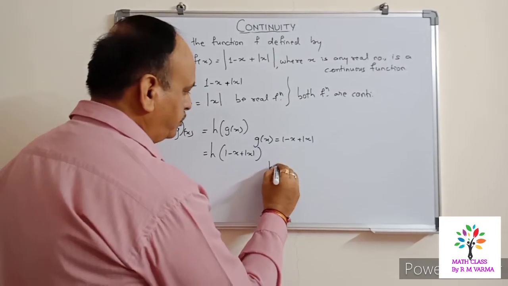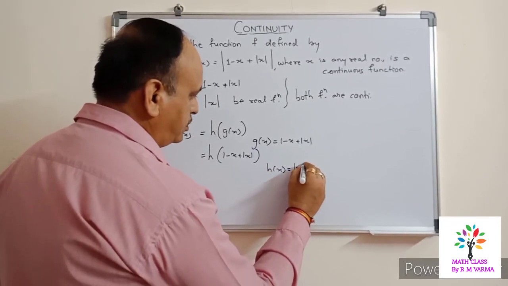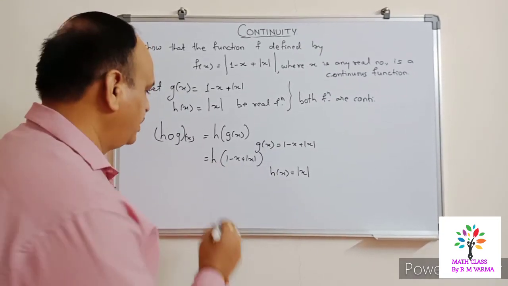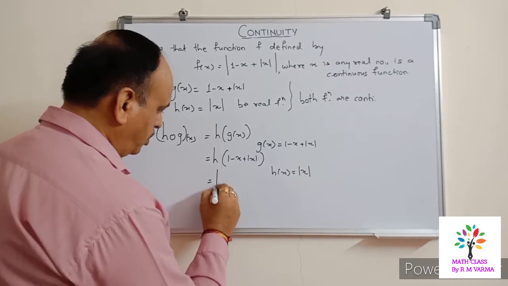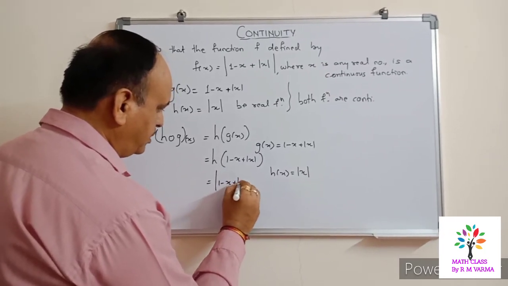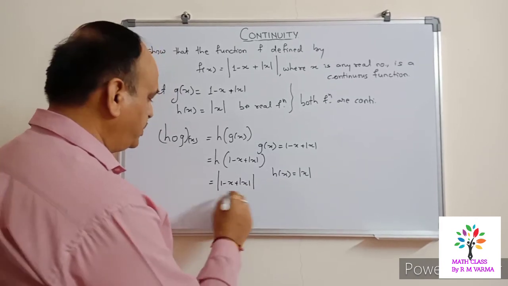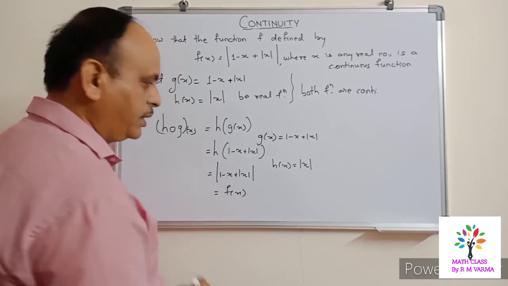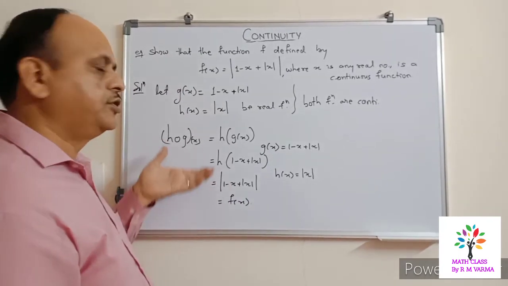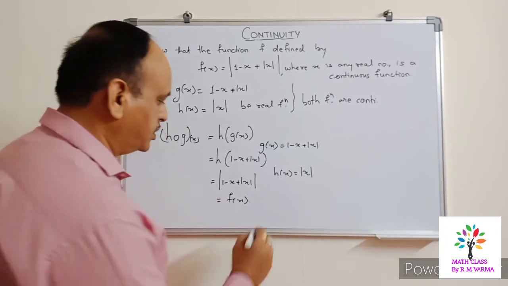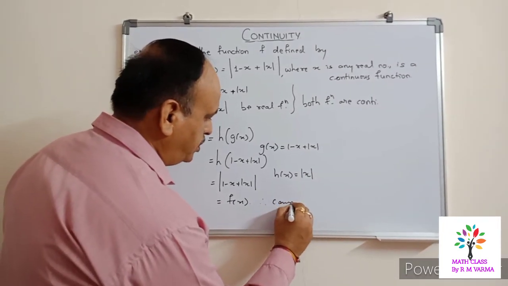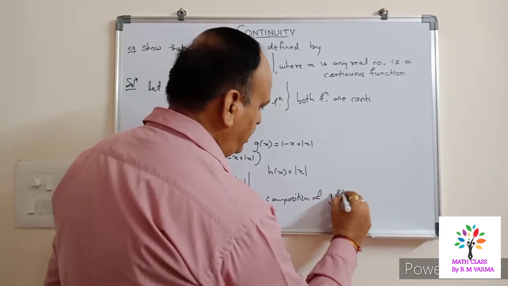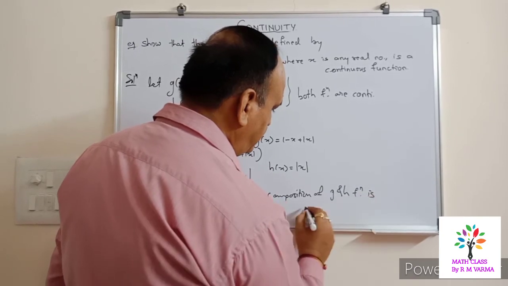Now h of x we know, h of x equals modulus of x. So this is x for the given function, h of x, which equals modulus of 1 minus x plus mod x, which equals the original function f of x. Hence we can say the composition of these two functions is continuous. Therefore, the composition of g and h functions is continuous.